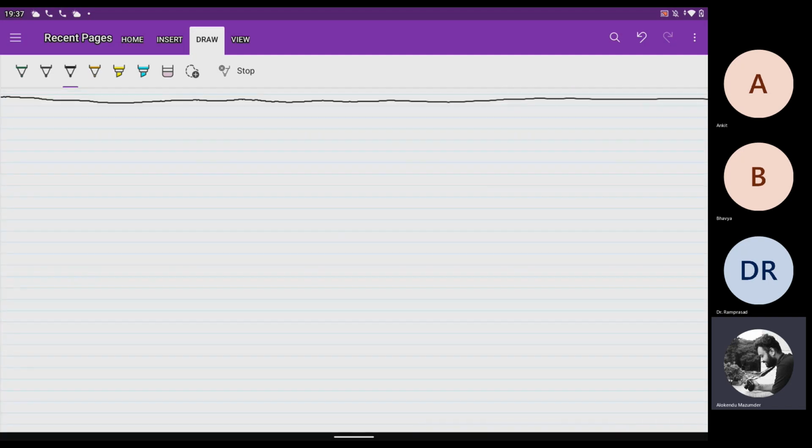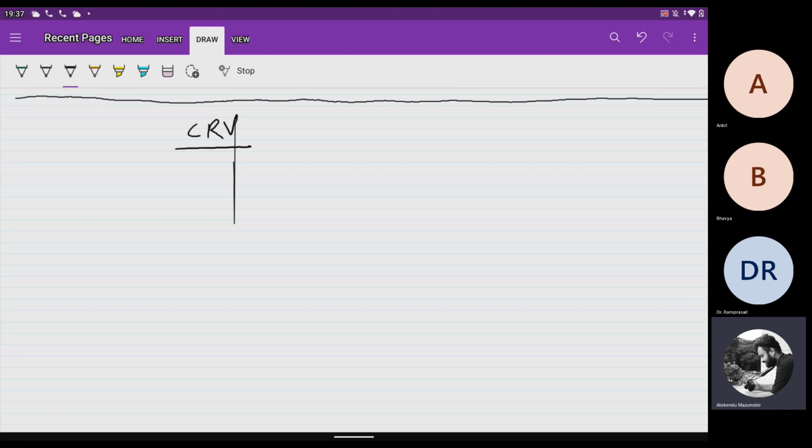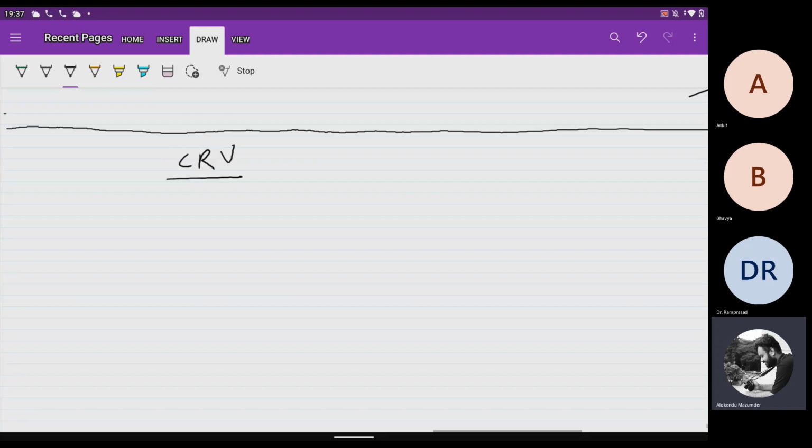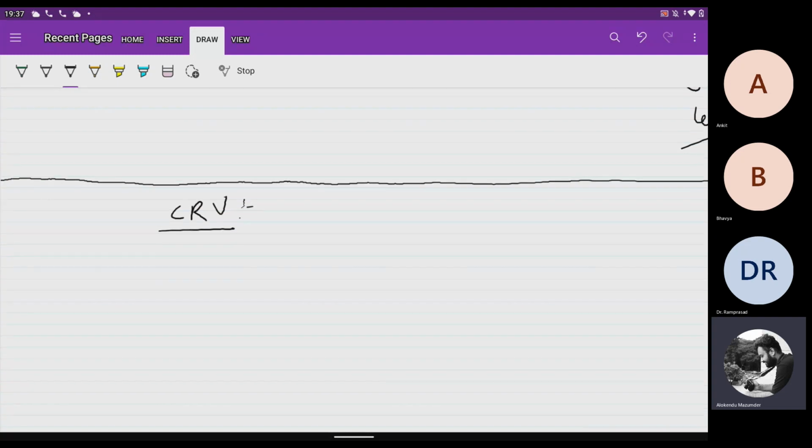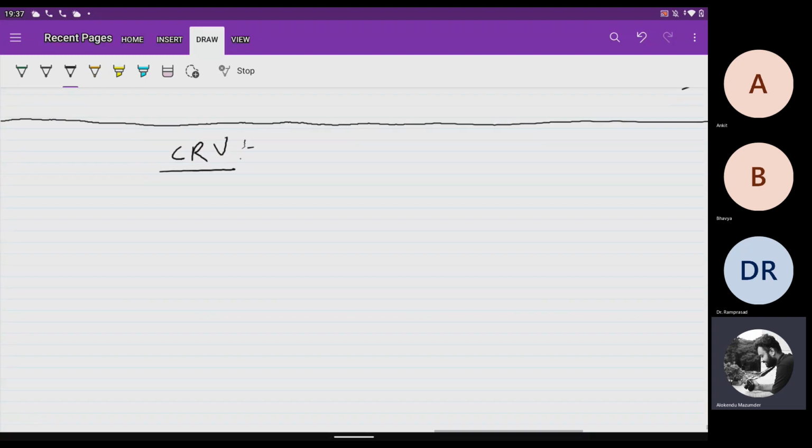Okay, we'll quickly revise some things. So let's have a quick revision on continuous random variables, CRV.